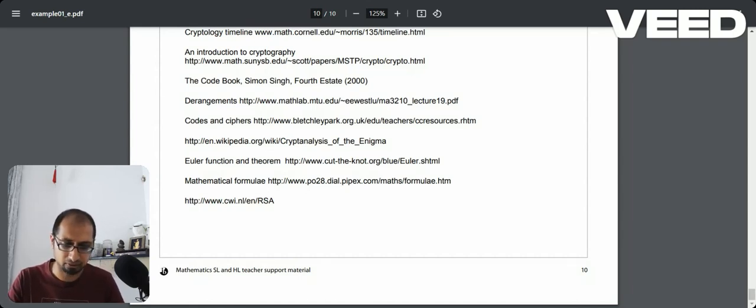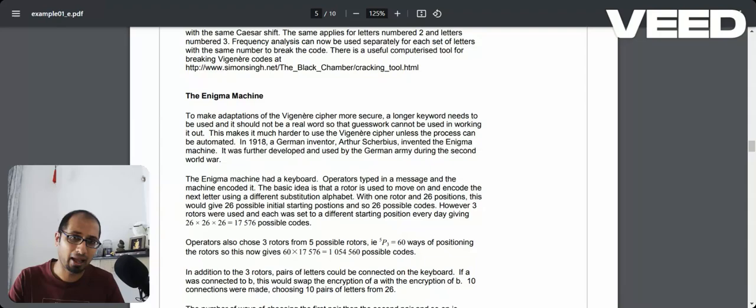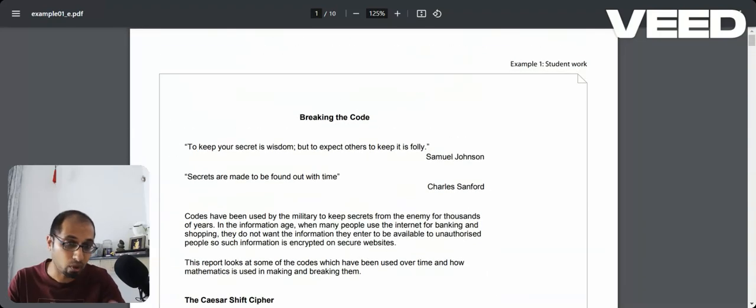Then you've got personal engagement. So the personal engagement is how engaged the student has been throughout the process when the math exploration was done. So usually the teacher is a good person to actually judge how involved and how committed the student was.